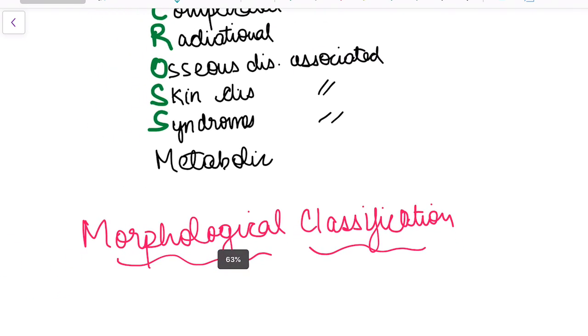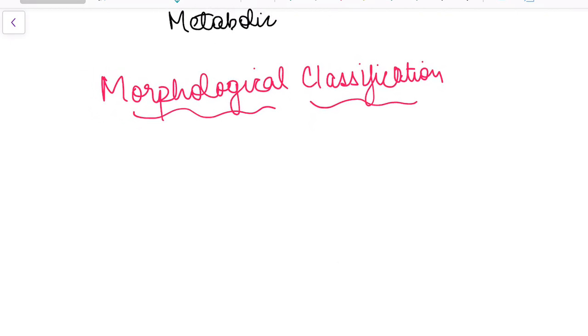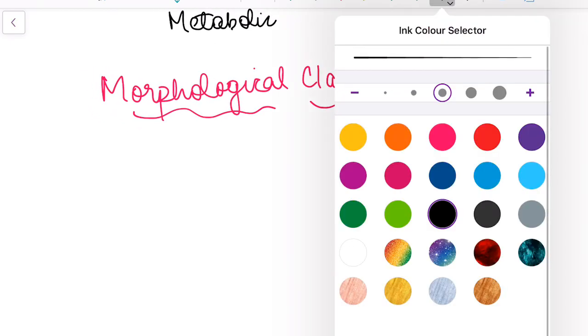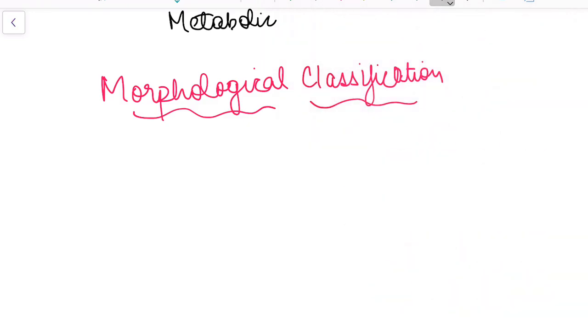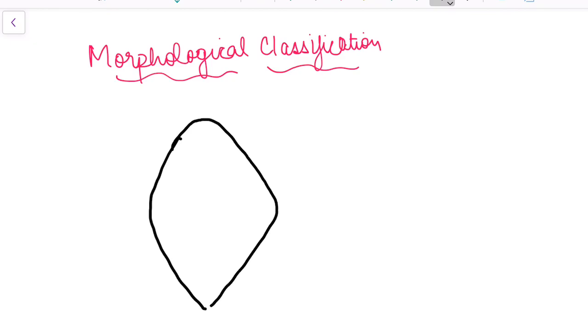Right. So for morphological classification, let's draw a diagram. By the diagram it can be easily remembered. Right. So here is the lens.